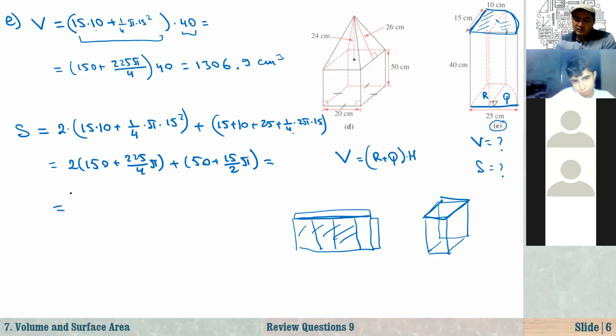Let's finish this: 2 times the bracket 150 plus the fraction 225 pi over 4, close the brackets, plus again 50 plus 7.5 times pi, which is equal to 726.13, okay. 726. How come?